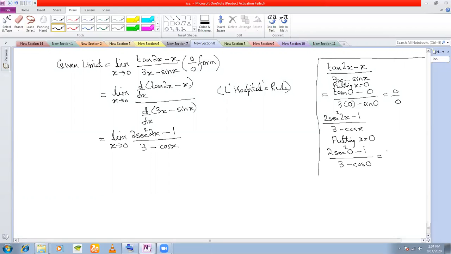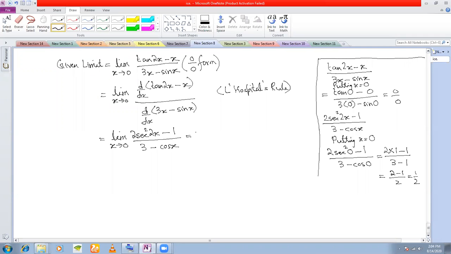Now what is sec square 0? Cos 0 is 1, so sec 0 is also 1. 2 into 1 minus 1 divided by 3 minus 1. So this is 2 minus 1 by 2, which is half. So this is a determinate form. Simply put the value now.